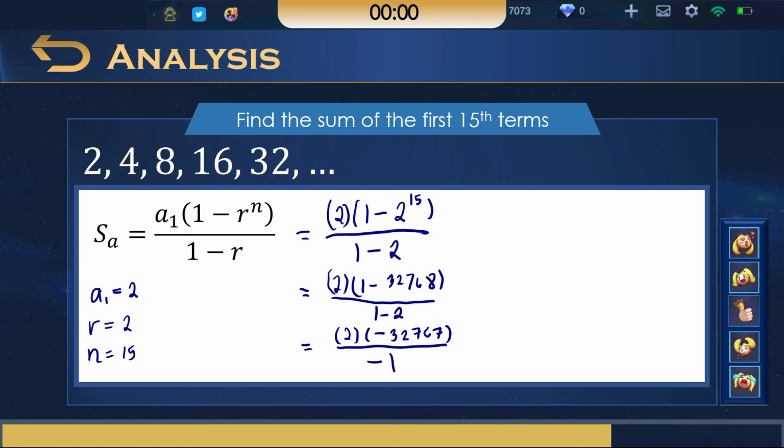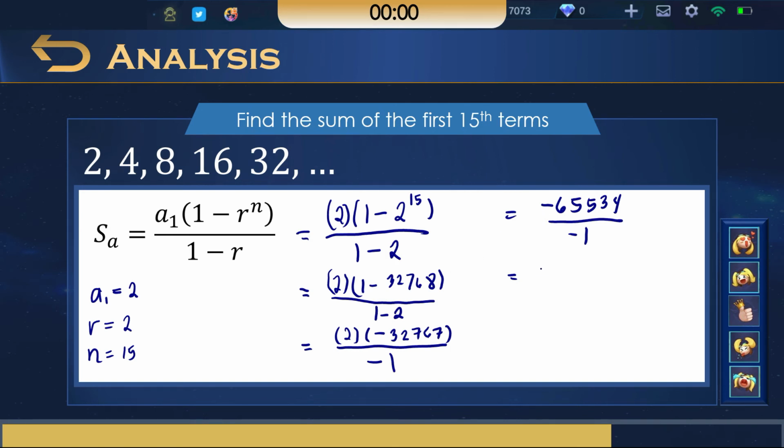The next thing, we are going to multiply 2 times negative 32,767. The answer is negative 65,534 divided by negative 1. And if you divide that, negative divided by negative gives positive.